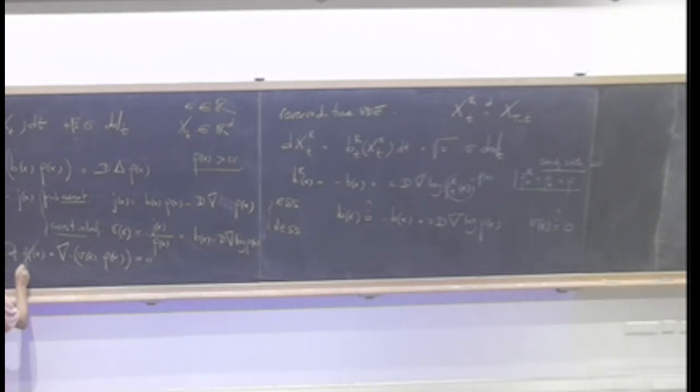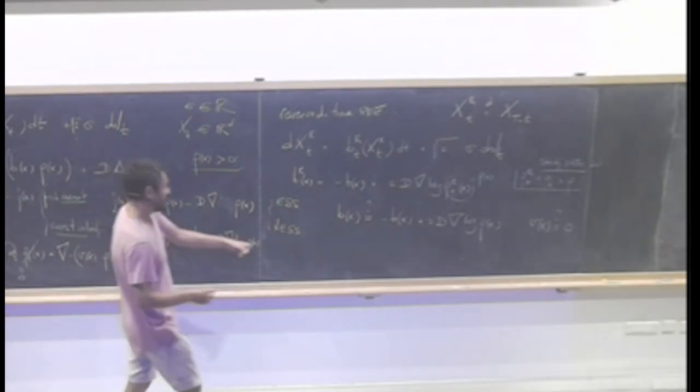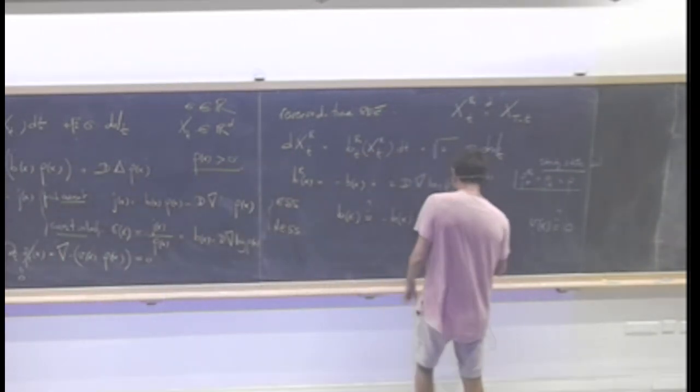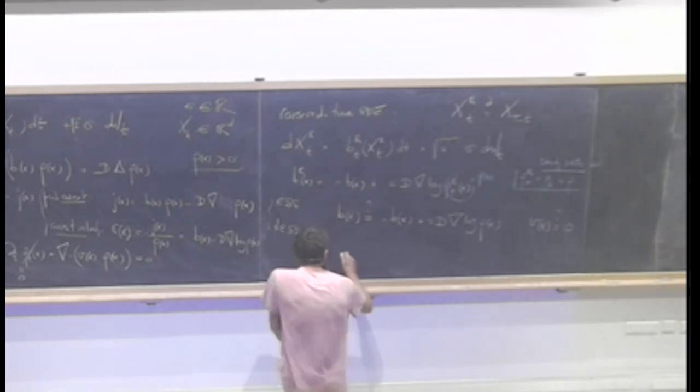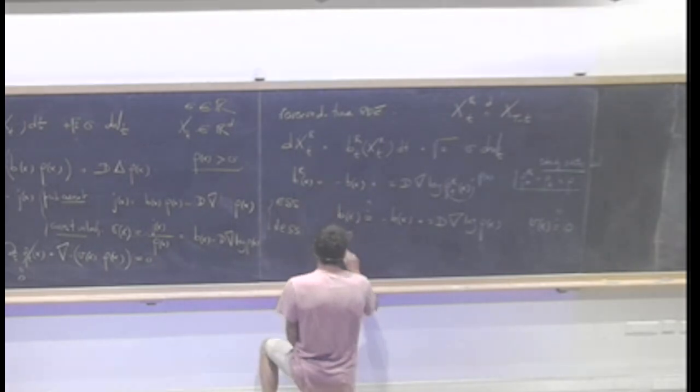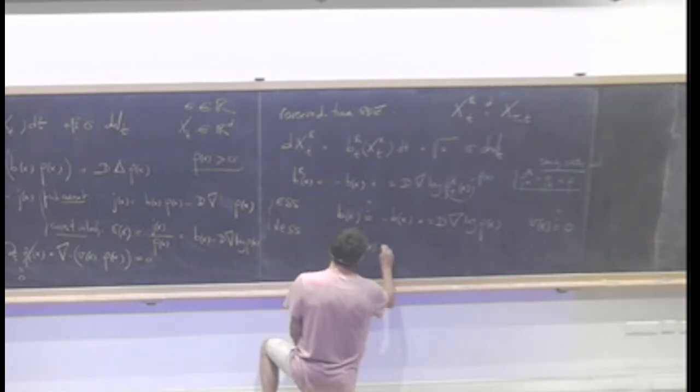Well, at steady state, this is equal to 0. And this condition is automatically satisfied because if this rho is the same as above, what I have written here is J, and I have that the divergence of J is equal to 0. Right? And just to hammer the point, a steady state means that this is true.